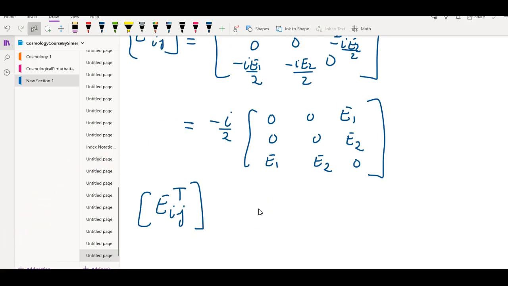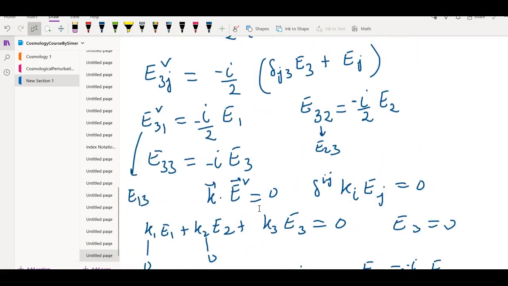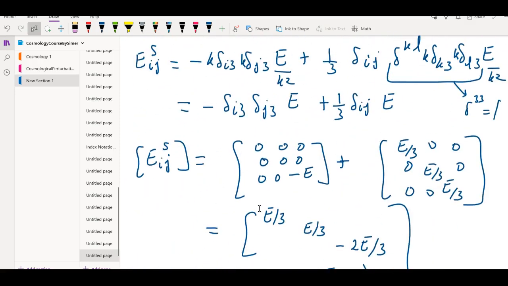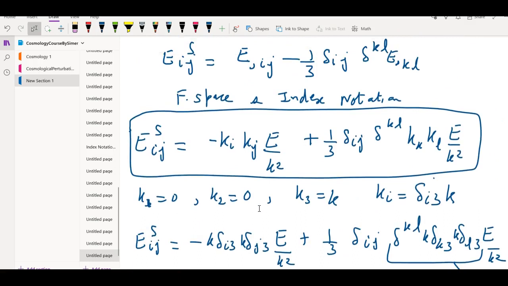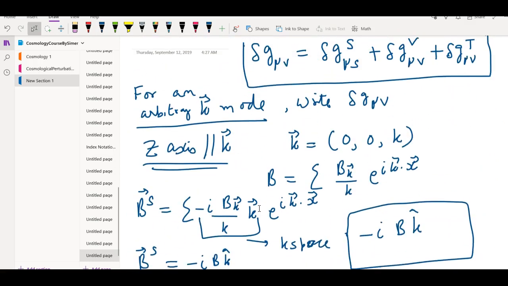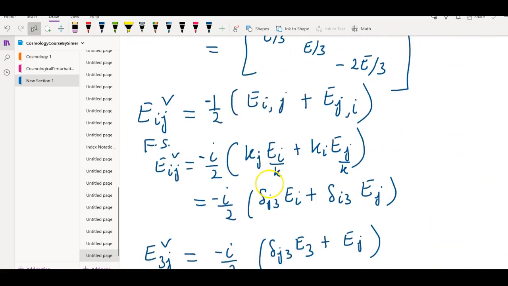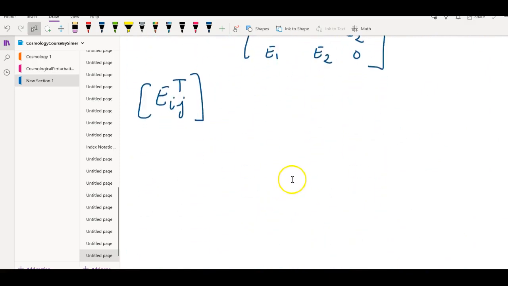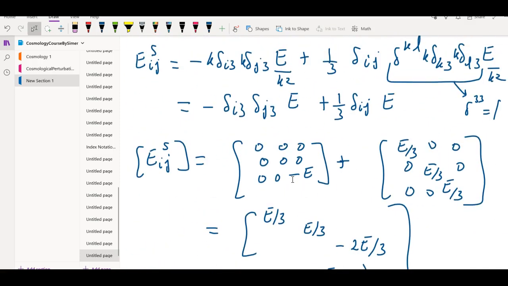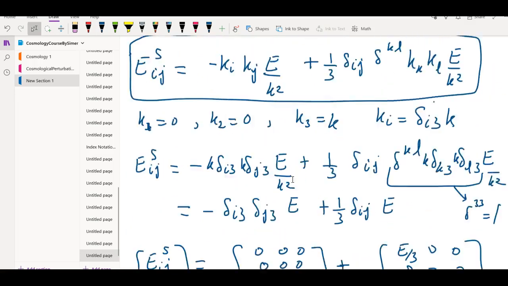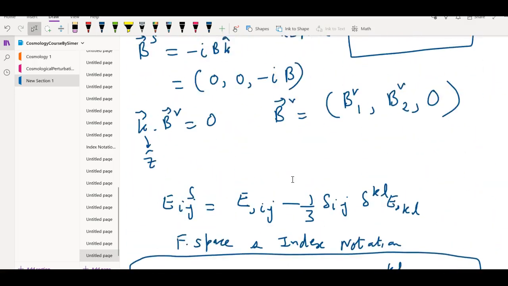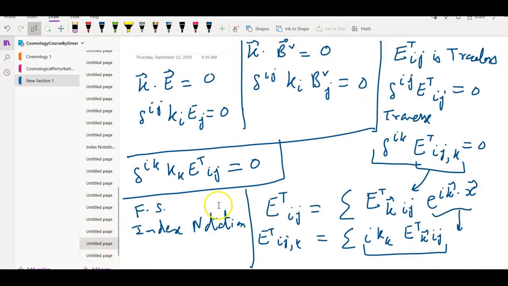For the tensor part, let us see what is the constraint. One constraint is that it is traceless, and another constraint, which we have imposed, is that it should be transverse. Okay, so let us use this transverse constraint.